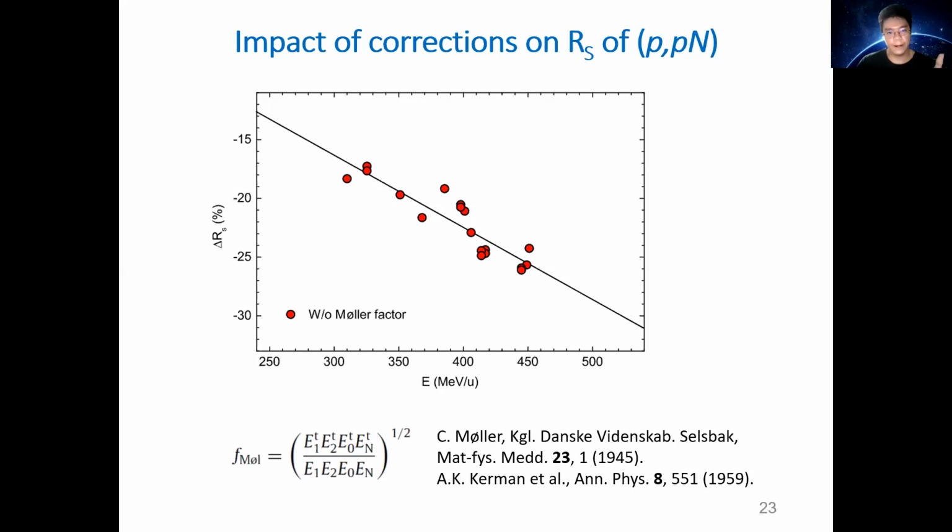So if you do not include these Møller factors properly, you may have an impact of up to nearly 28% in terms of the reduction factors. And the higher the energies you go, the more the impact you will get.